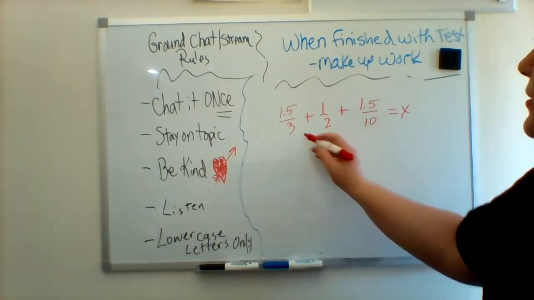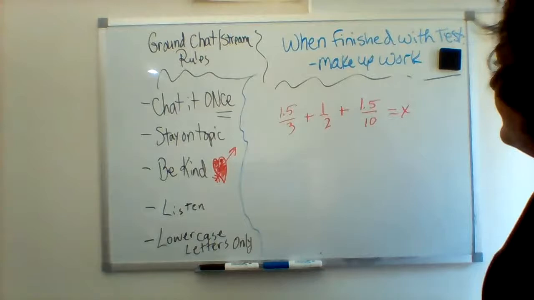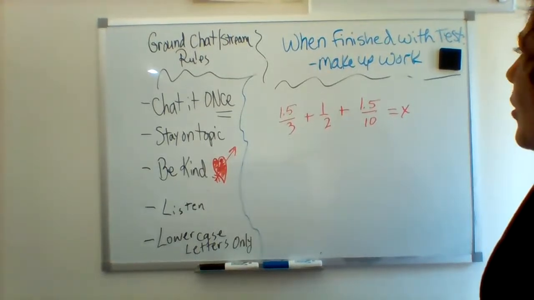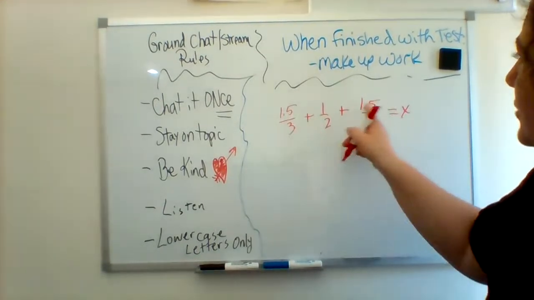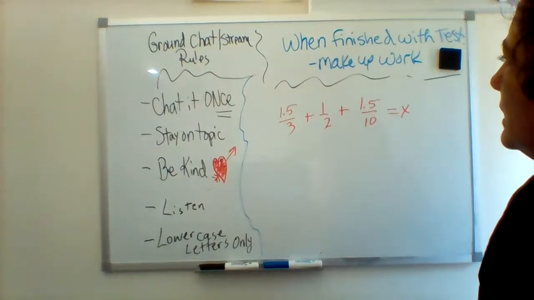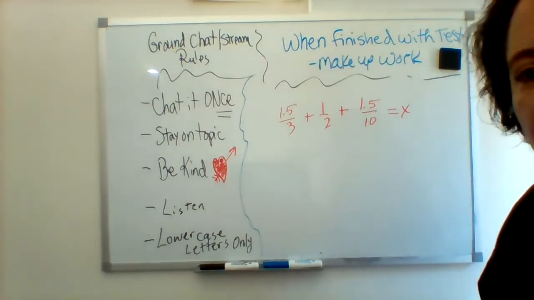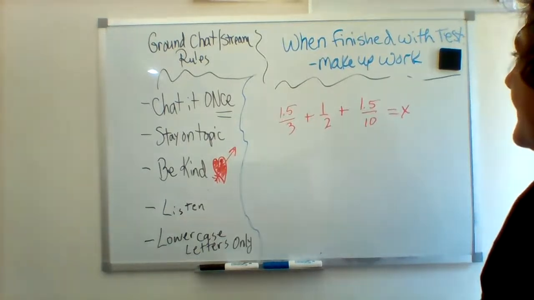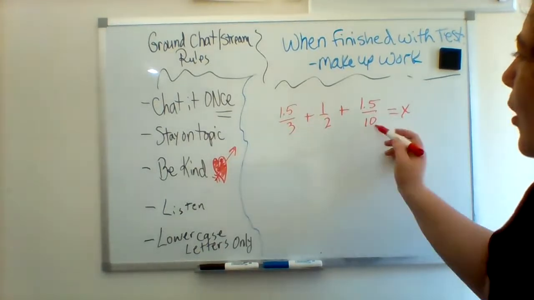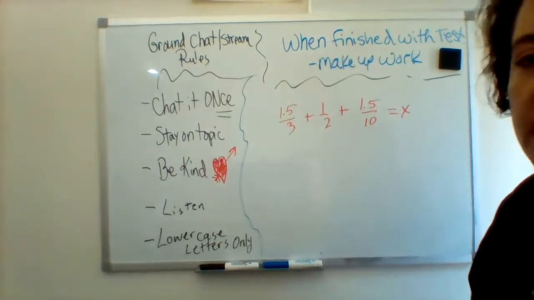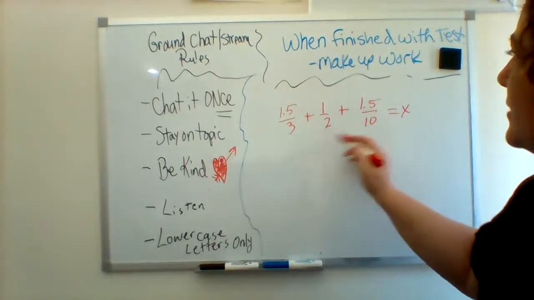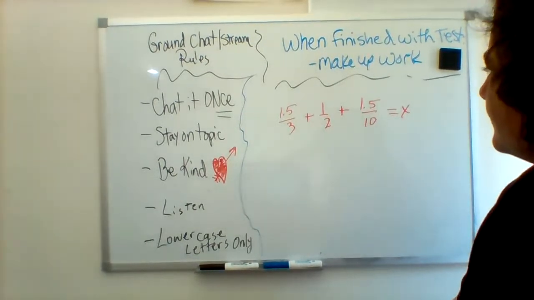Hopefully you said clear the denominator or multiply by 10 so that we can get rid of those decimals. What number can all three of these go into? 3, 2, and 10. They can't all go into 10. 2 can, but 3 can't go into 10.